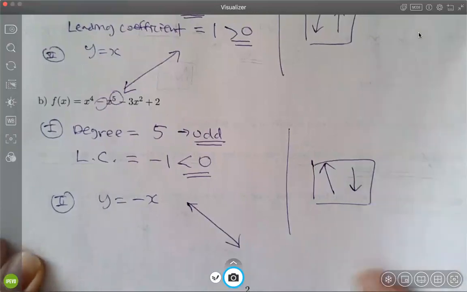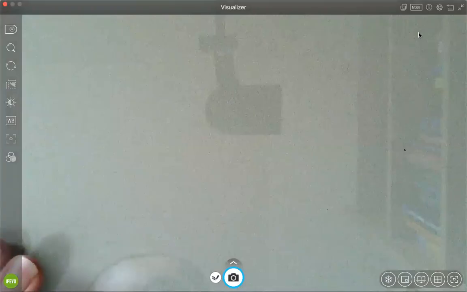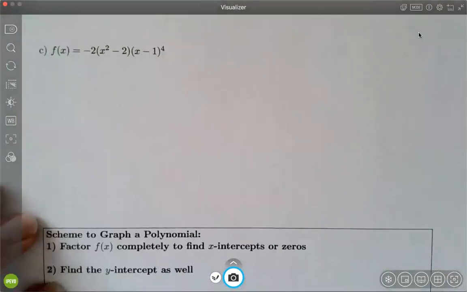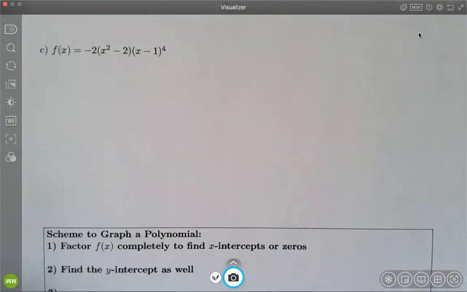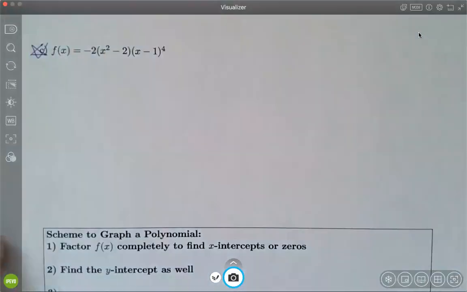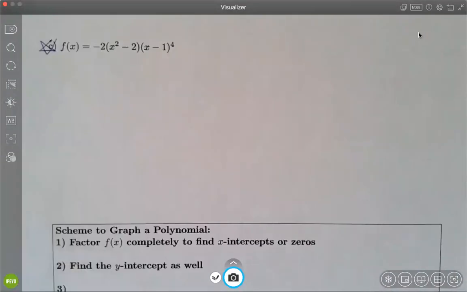And now, part C. This problem can be tricky, and hopefully you can see why. Here we have -2 times (x squared minus 2 times x minus 1) to the 4th power.